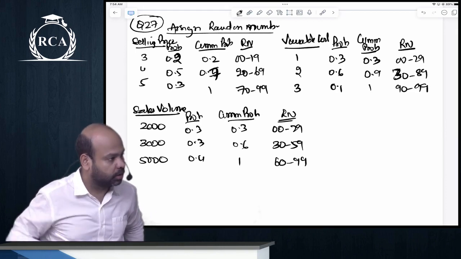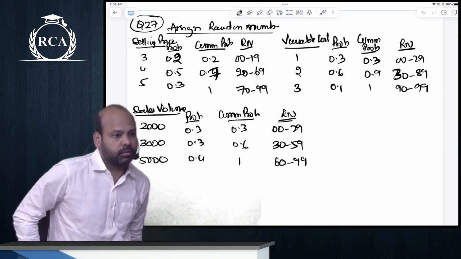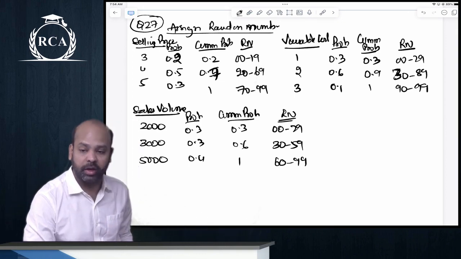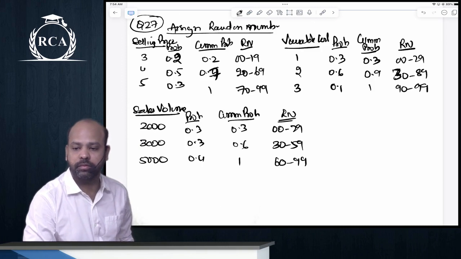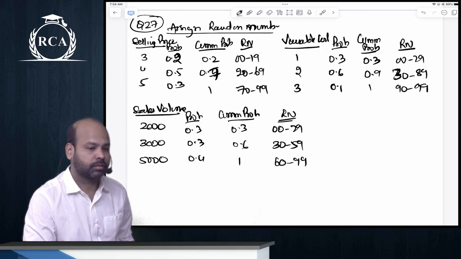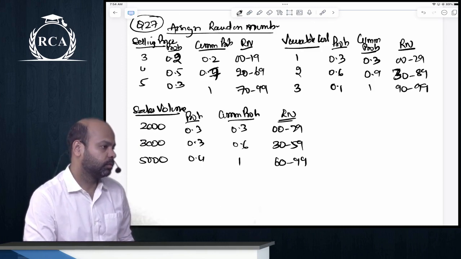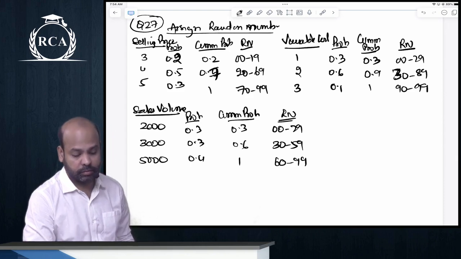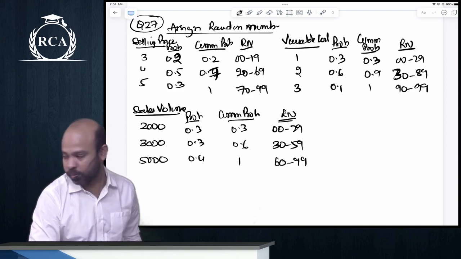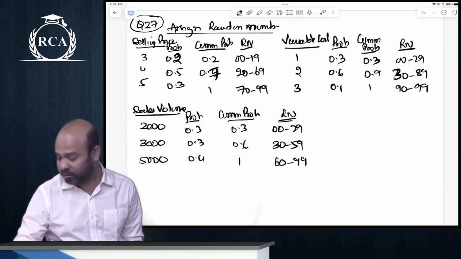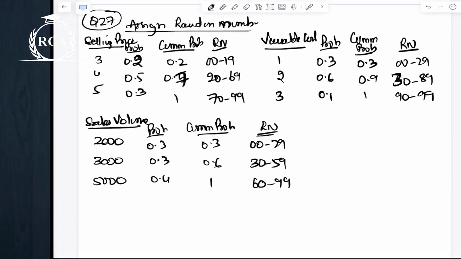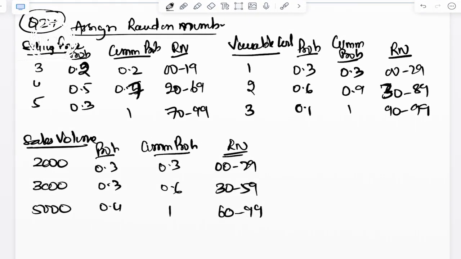Everyone got this, beta? This is allocation of random numbers. Once you do this, beta, you will have to start computing profits based on the values that are given there. ऑनलाइन स्टूडेंट्स चेक कर लेना बेटा, आ रहा है नहीं आ रहा है.